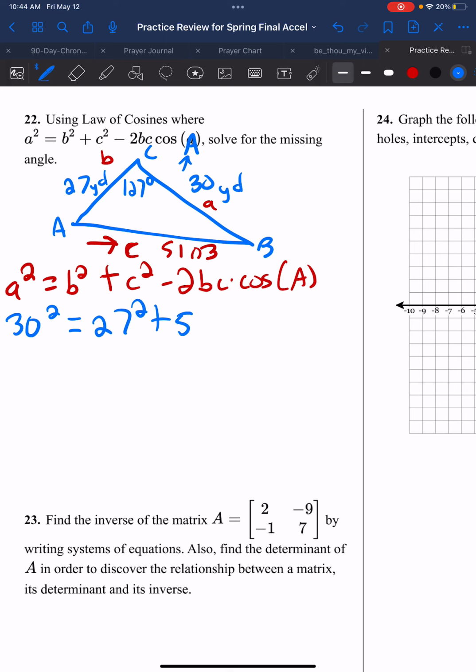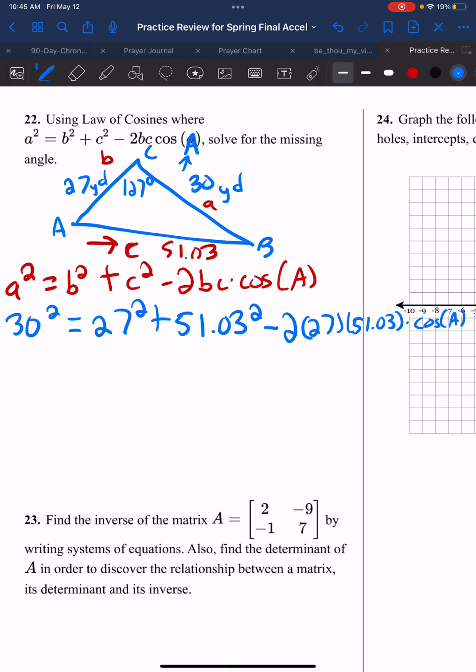Plus 51.03 squared minus 2 times B is 27, and then C is 51.03 times cosine A.